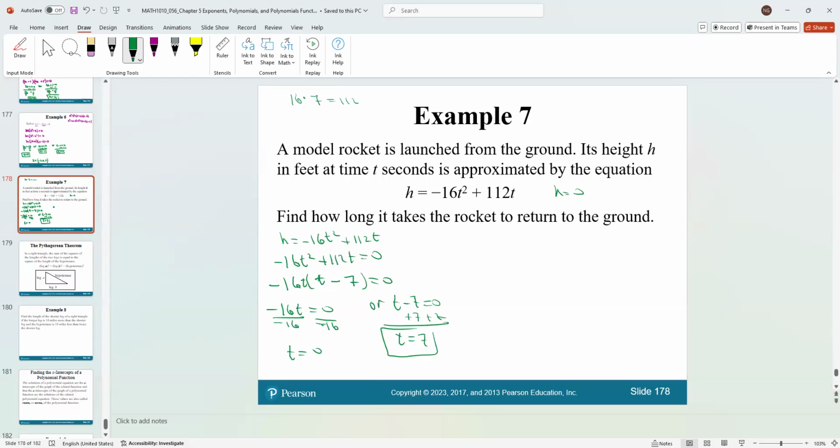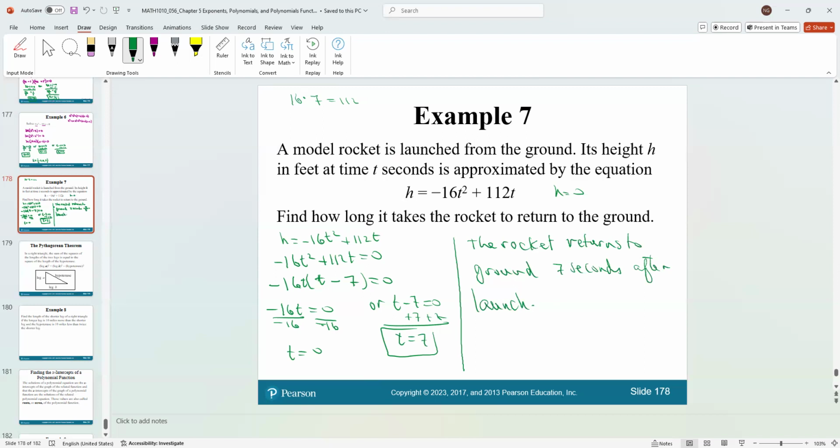So the most realistic answer here, we would say the rocket returns to ground 7 seconds after launch, right? So realistically, the answer is 7 seconds.